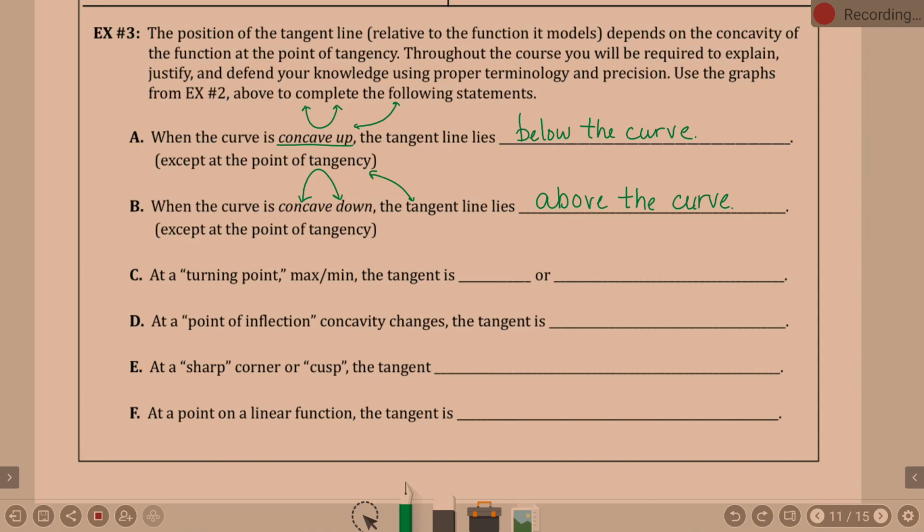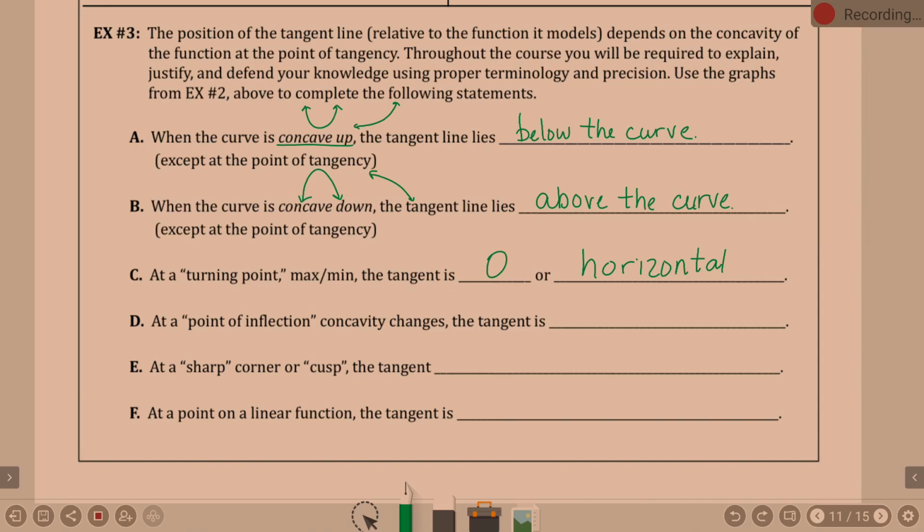But at a turning point, and specifically they're referring to maxes and mins, what do you know about your tangent there? It has a slope of 0, and what kind of line is it? Horizontal. So the blanks are filled in as 0 or horizontal. Not crazy about how those blanks are set up, but that's right.